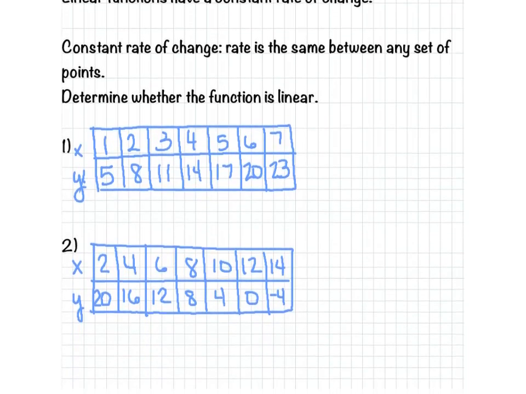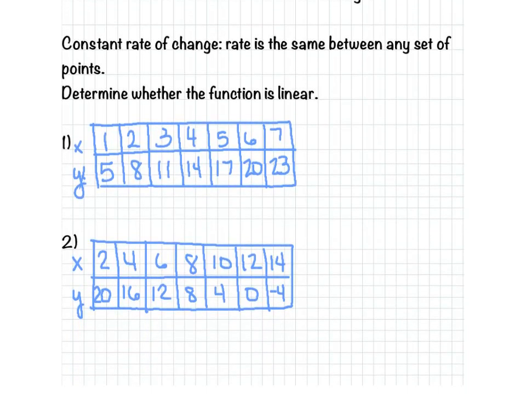All right, let's look at these two tables. These two tables are a table of a function. And what we want to do is determine whether or not these are linear functions. And we'll know whether or not they're linear if they have a constant rate of change. So let's look at how the x changes from point to point to point.